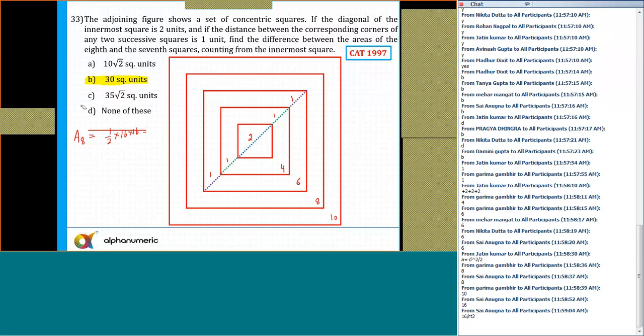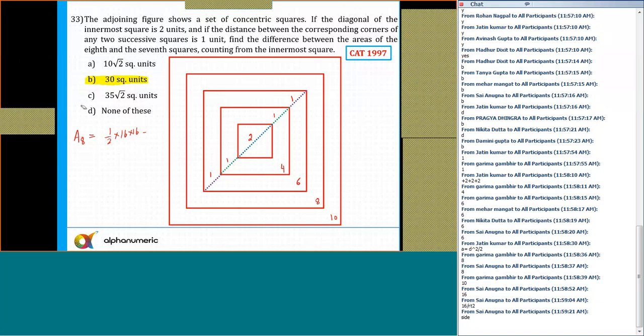The diagonal itself is 16, not the side. So I can say area is simply half d1 d2. Better to use that. So that will be equal to 128.